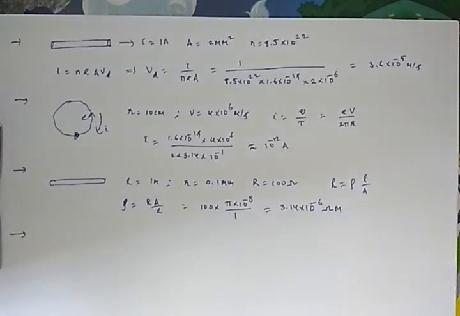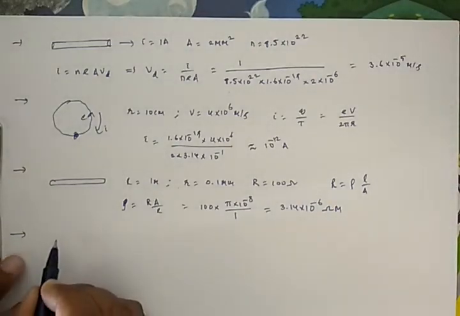So the next question is, the current through a wire is given by I equals I0 plus alpha t, where I0 is 10 ampere and alpha is 4 ampere per second. Find the charge crossed through a section of wire in 10 seconds.